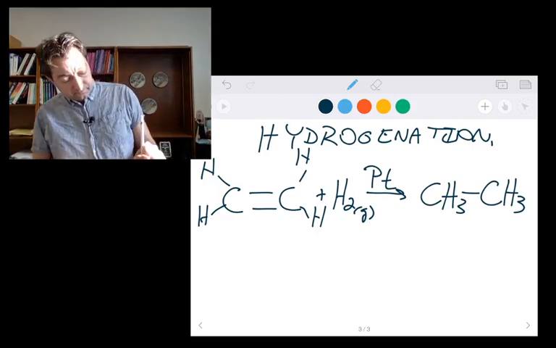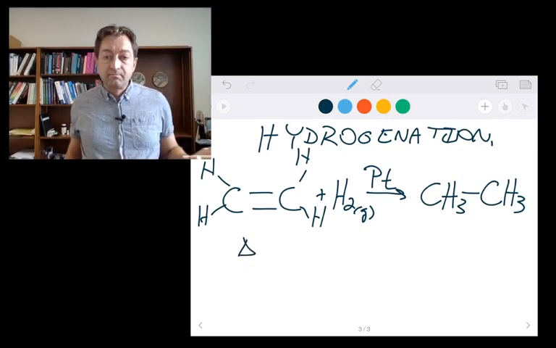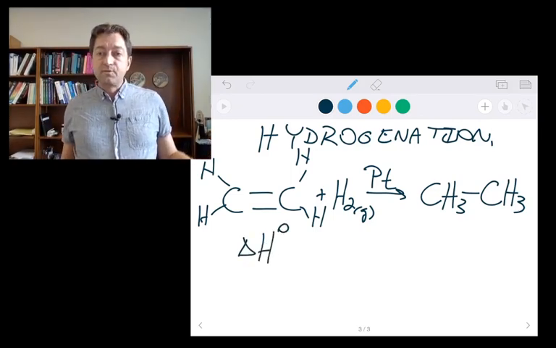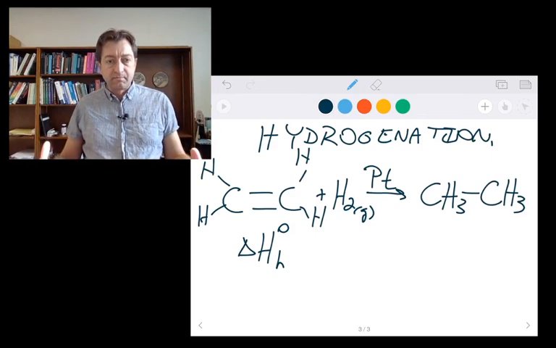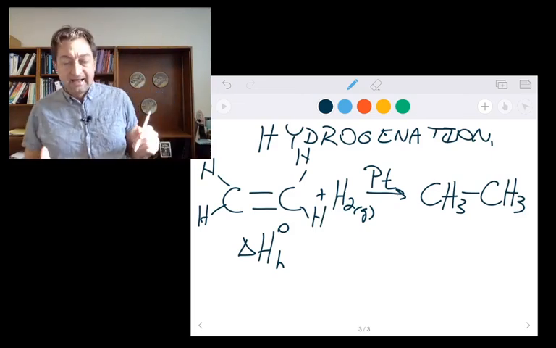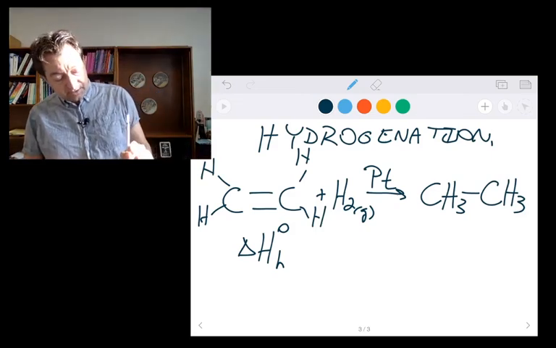So delta H naught with a little subscript h, and that's to distinguish this from the heat of combustion that we talked about right at the very start. So here we're not combusting the whole molecule, we're looking explicitly at just the double bond reaction.